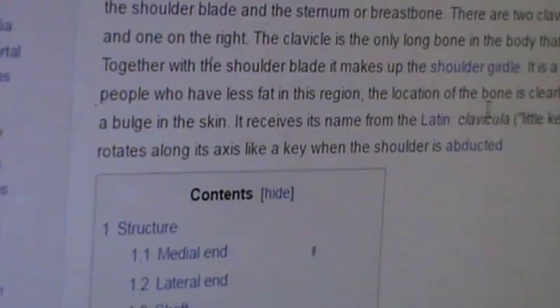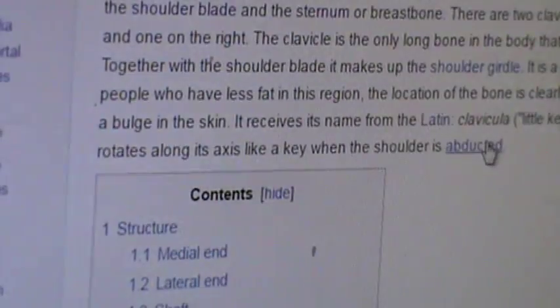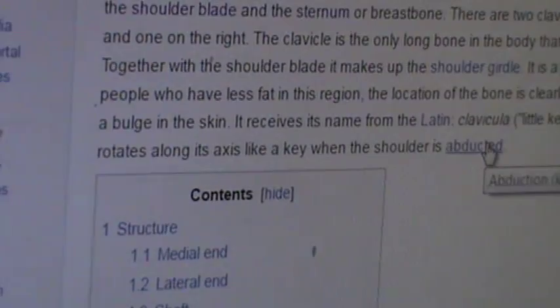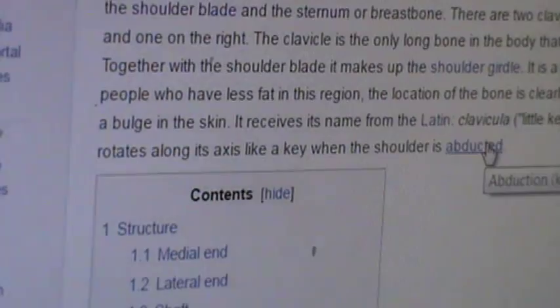It receives its name from Latin, little key, because the bone rotates along its axis like a key when the shoulder is abducted. Here's my clavicle. Where are we? Yeah, there it is.